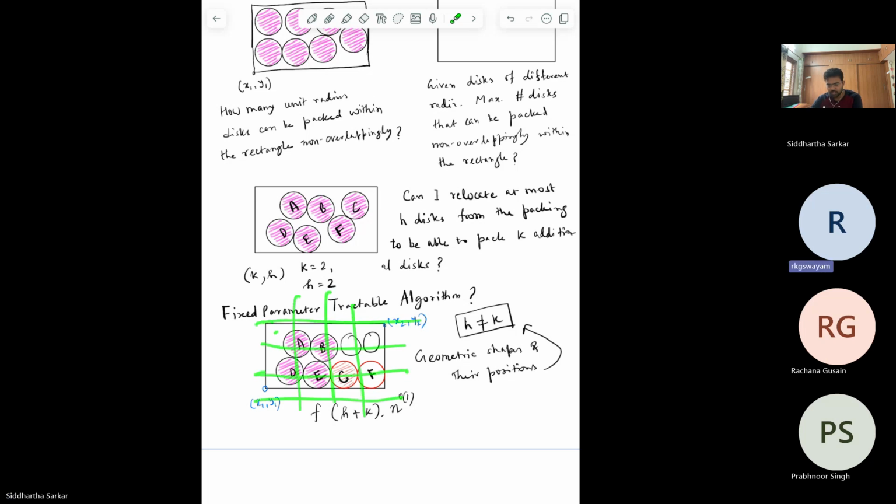From here, probably I can find one empty square on the leftmost, upper, or rightmost side. That will give a tentative estimate. If any grid cell is empty, you can place one of the additional disks. But it may happen that none of the grid cells are empty. Then you have to resort to relocation of some of the disks. So that problem will arise.